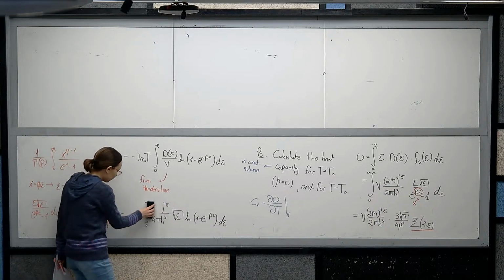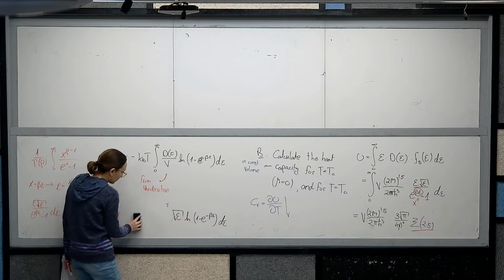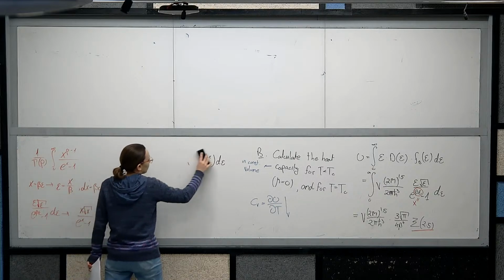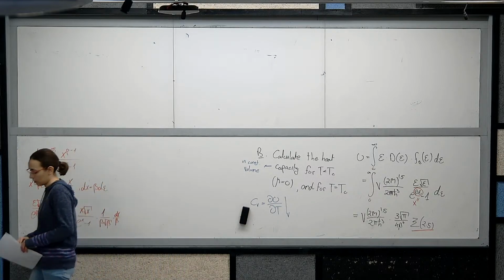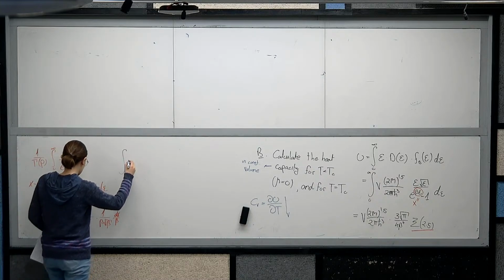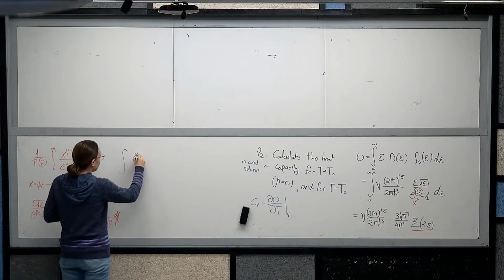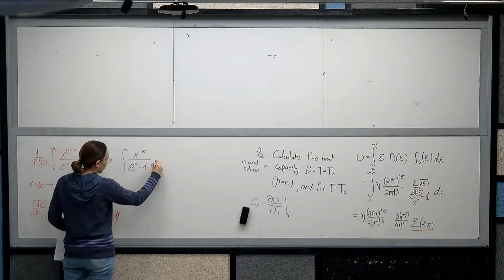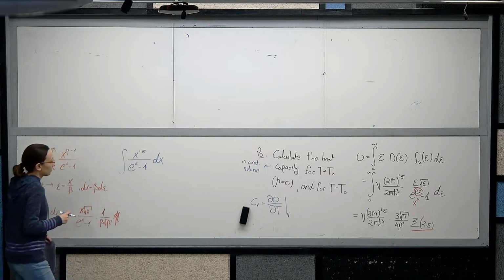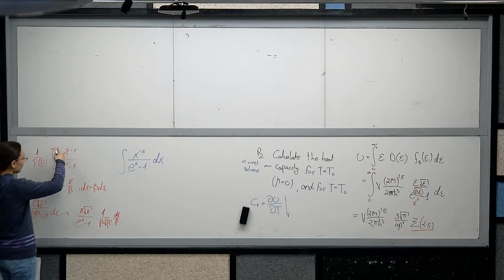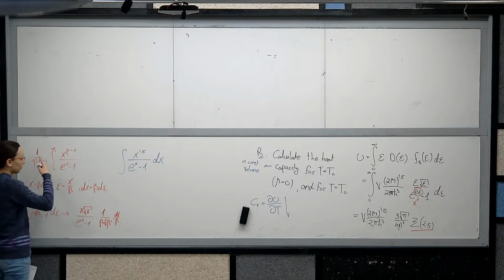In the integral we keep x to the power 1.5 divided by e^x minus 1. And this gets very similar to this form.